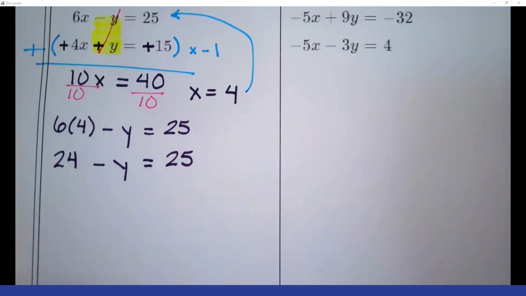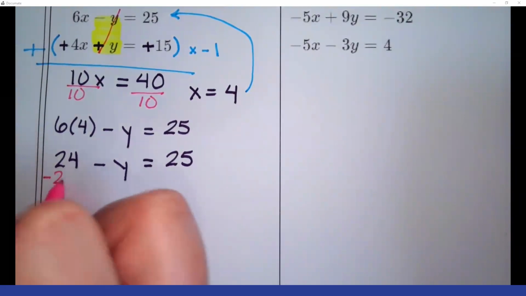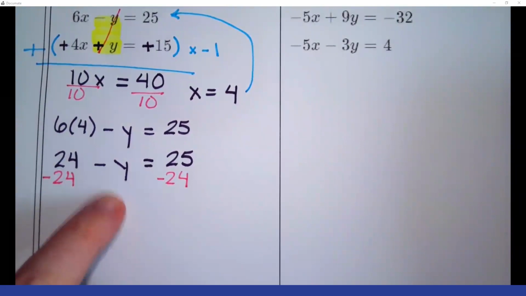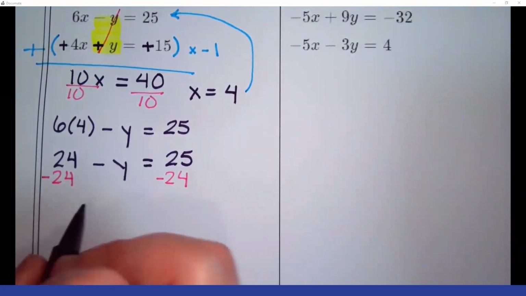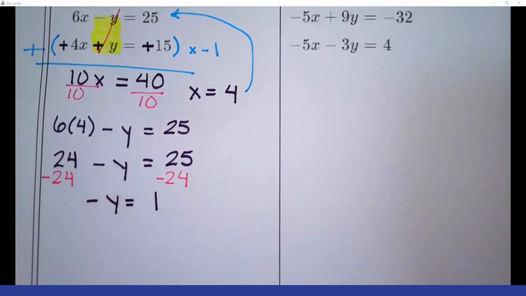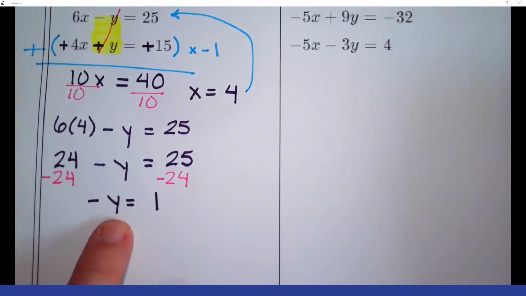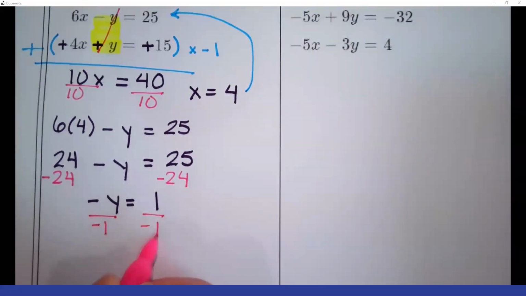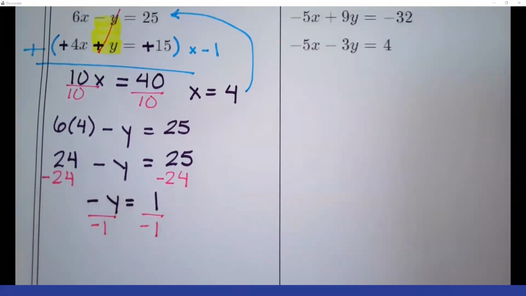Now we just solve for y. We're going to subtract 24. Now, be careful with this one because this negative is still attached to the y. So it's still negative y is equal to 1. And because there's a negative still on this y, to get rid of it, just divide by negative 1.